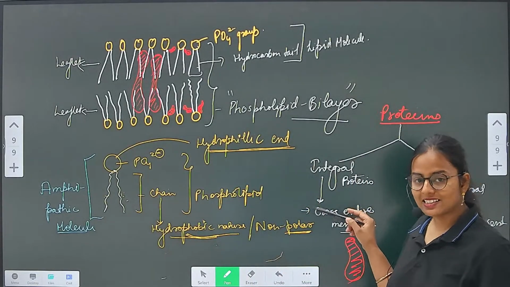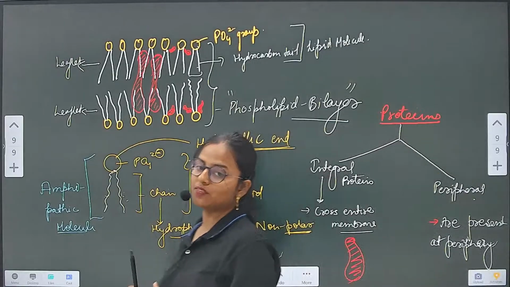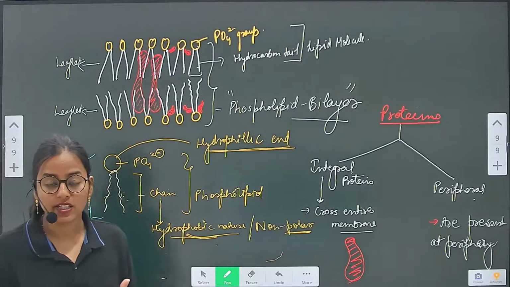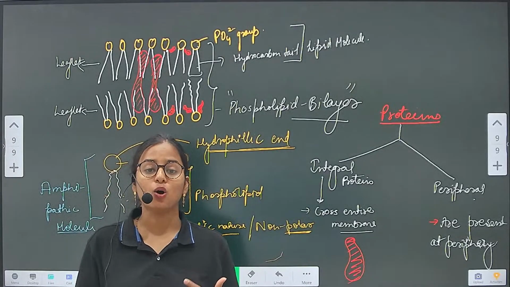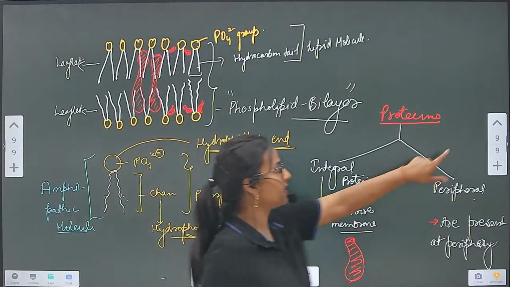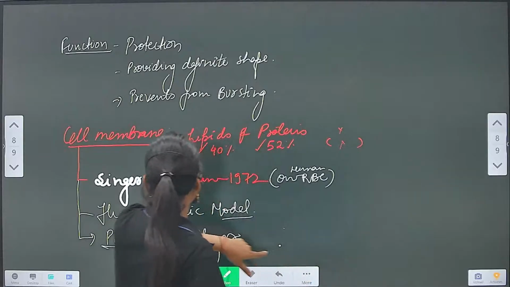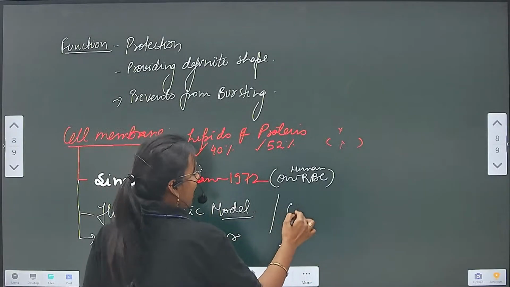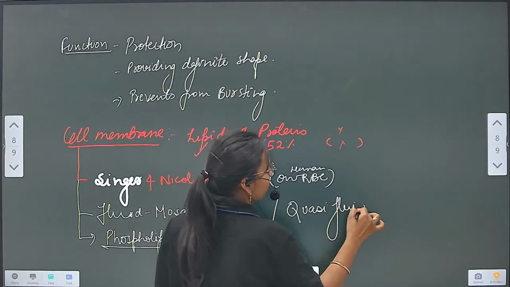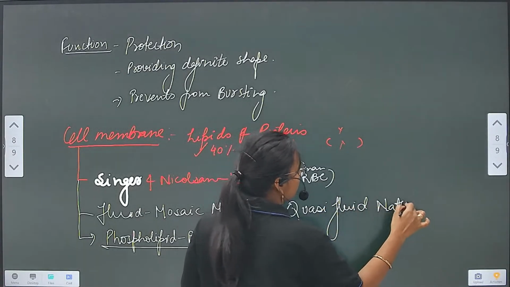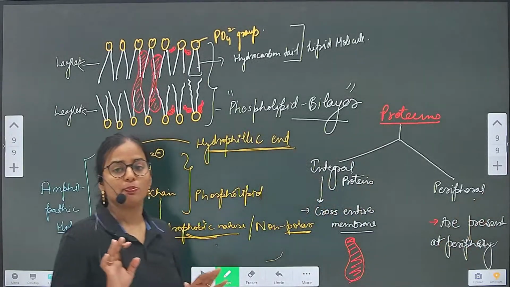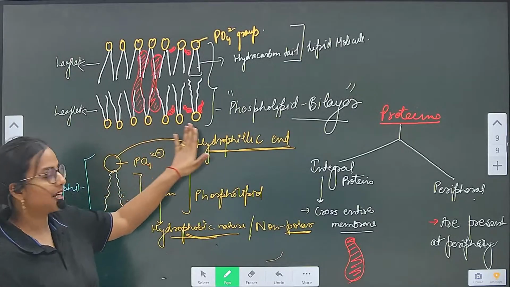Is that clear? Now we have given the name of fluid mosaic nature, or the quasi fluid nature. There is one more term for the plasma membrane. We say that it shows the quasi fluid nature. So what does it mean? See, actually your plasma membrane looks like this.